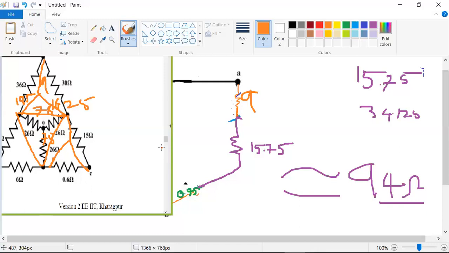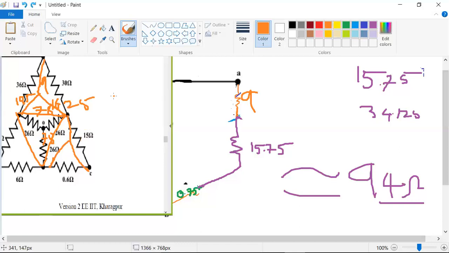You should do 26 into 15 divided by 93.6. Then this will be 4.16. Some mistake may have happened: not 26, it is 78 into 15. Sorry, 78 into 15.